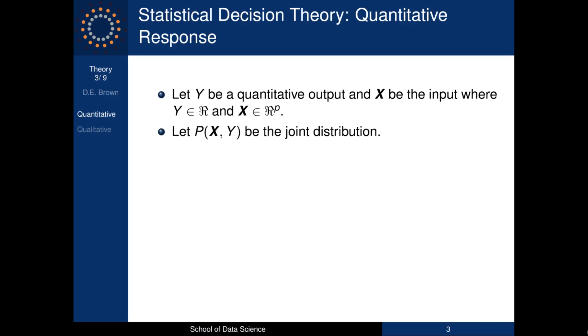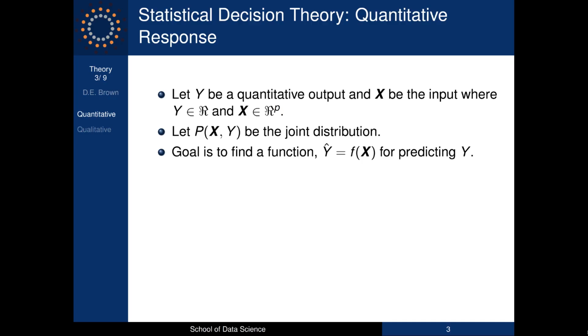We'll let capital P of X, Y be the joint distribution of these first random vectors and then the random variable y. Our goal is to find a function, which we'll call y hat, a function of these predictor variables, for predicting this value for y, or estimating the value for y for, let's say, a particular patient.